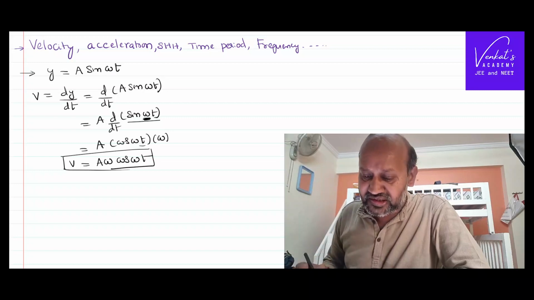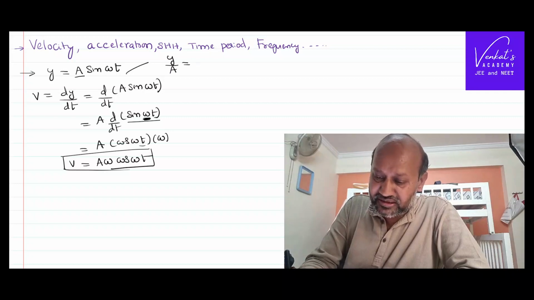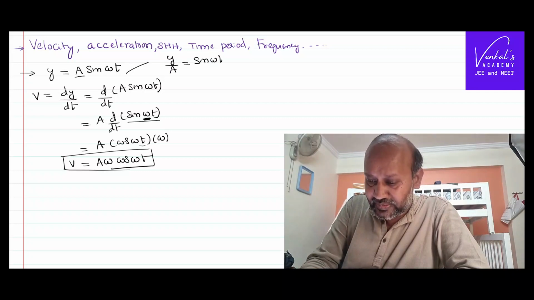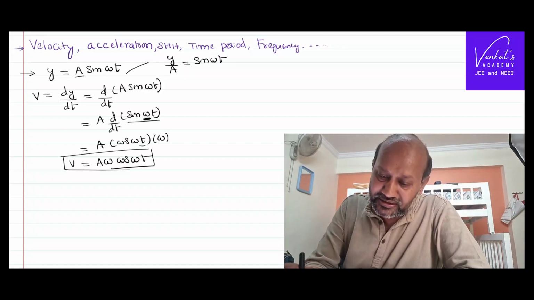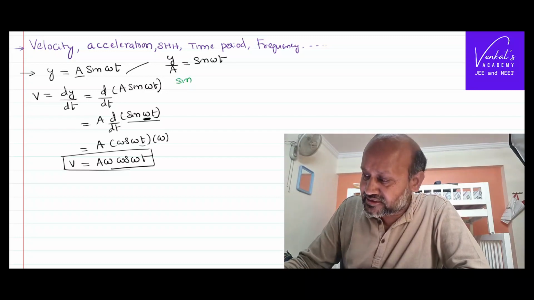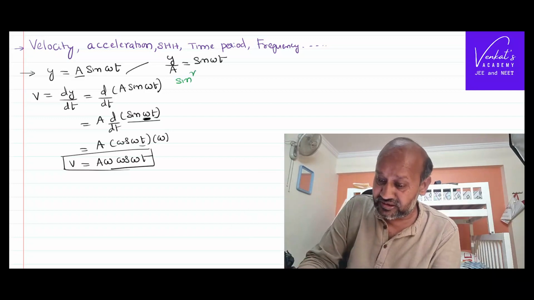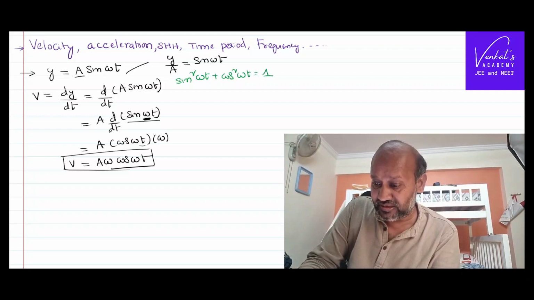Sometimes this can be used as an expression itself for the velocity. But we can extend further and get some more derivation, right? From here you can write, get this a to the other side, y by a is equal to sine omega t. Once you know sine omega t, we know there is a formula that sine square theta, here theta is omega t in our case, plus cos square theta is equal to 1.